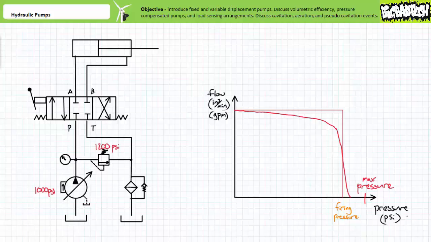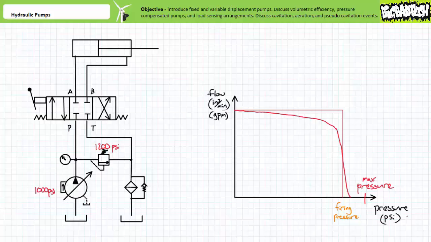First, let's examine a hypothetical scenario making use of a pressure-compensated variable displacement pump. Let's say the pressure relief valve is set to 1,200 psi, and the firing pressure is set to 1,000 psi. At pressures less than 1,000 psi, the pump produces a nominal flow rate of, let's say, 3.9 gallons per minute.